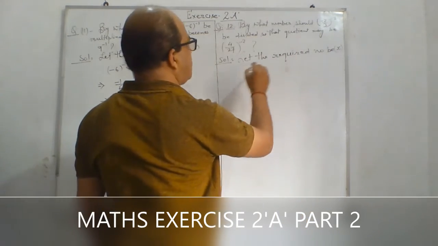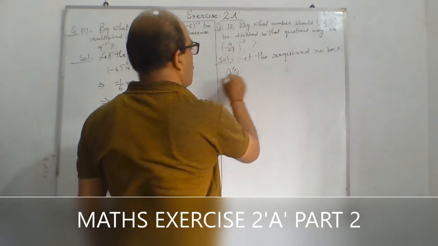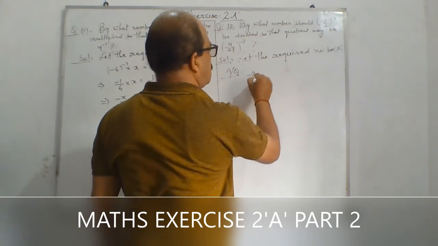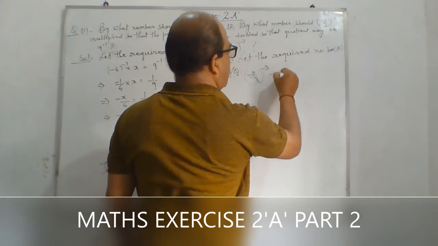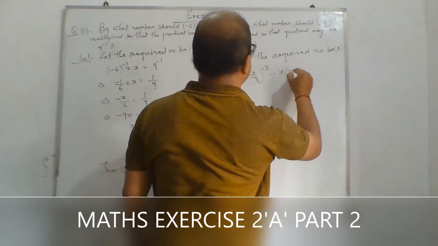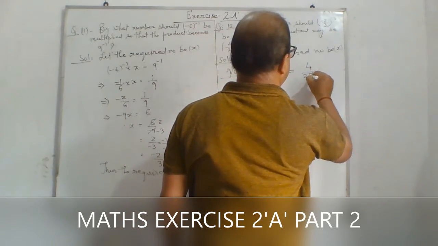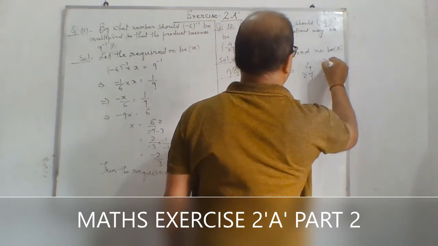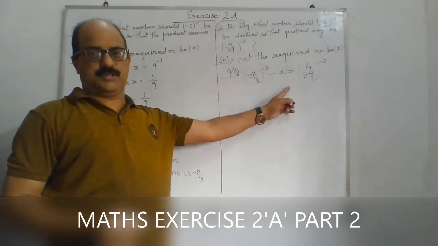According to the question, (-2/3)^-3 divided by x is equal to (4/27)^-2. This is the question.